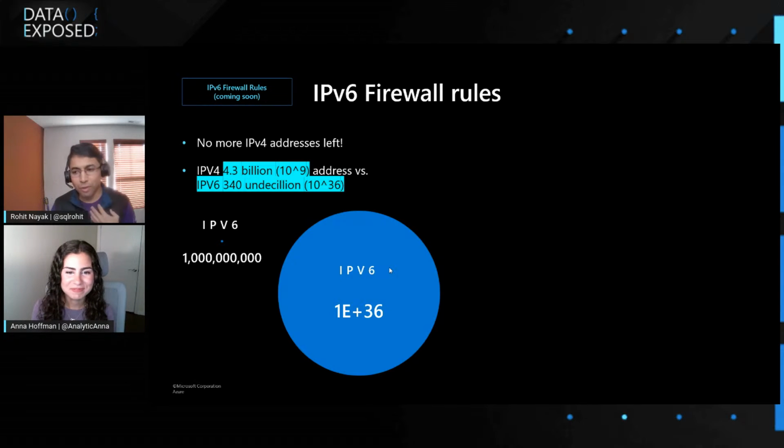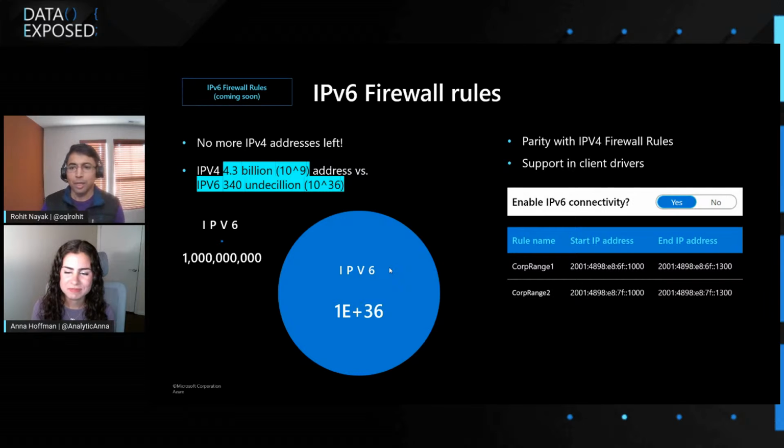So now what are we doing from Azure SQL for this, right? We know that customers are used to the IPv4 firewall experience where you click add IPv4 firewall. We'll do something similar, pretty much out of the gate. Our plan is to have complete parity with IPv4 firewall, so we're not changing much in terms of behavior. And the key thing that we are working on is support for IPv6 in client drivers, right?